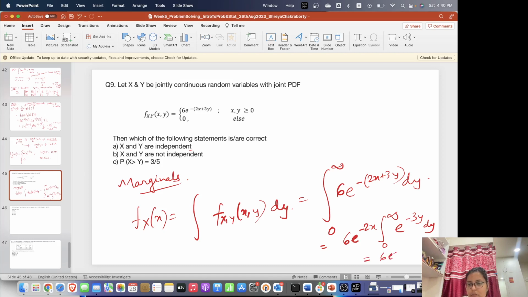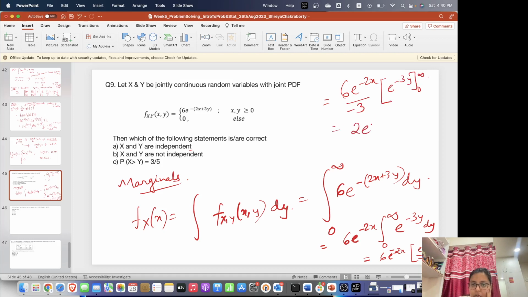So 6 e to the power minus 2x, e to the power minus 3y by minus 3, 0 to infinity. So we would have 6 e to the power minus 2x by minus 3 times e to the power minus 3y, 0 to infinity.